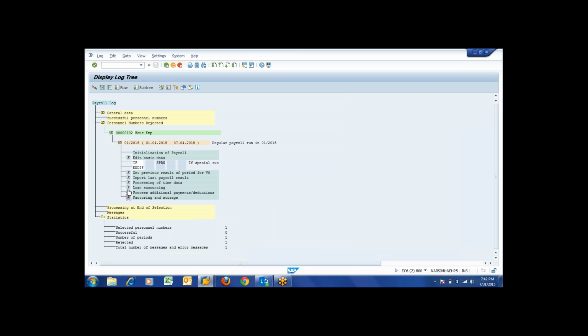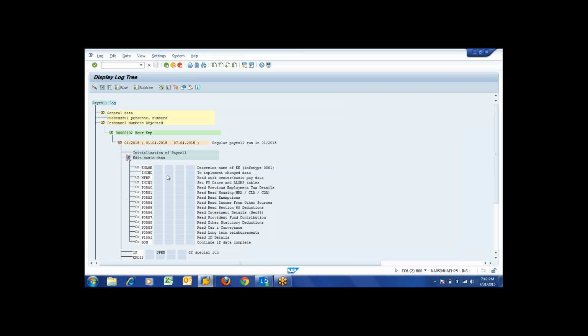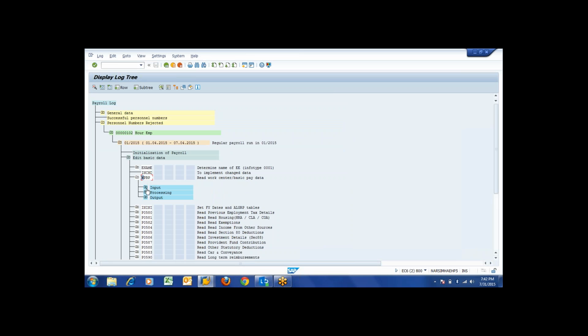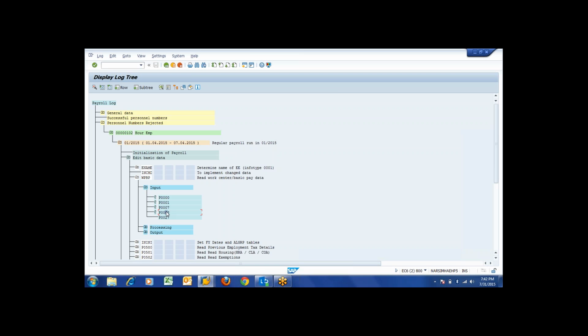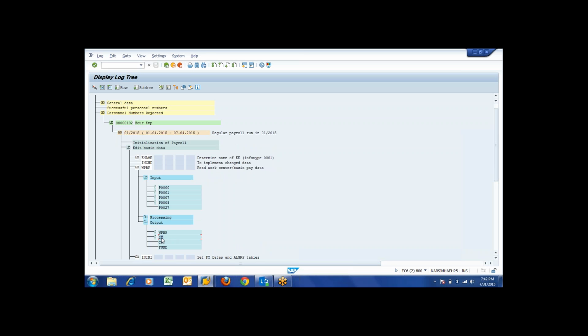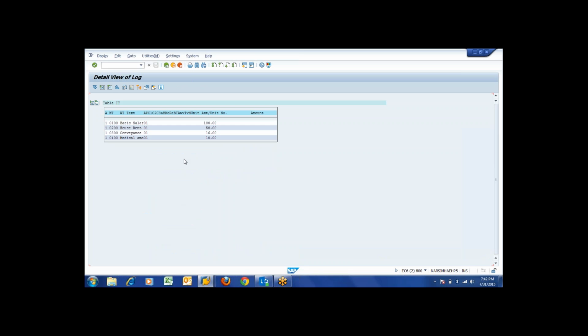Here is the place where we get the infotype 8 wage types into the output log, that is the IT internal table within the payroll. These come from infotype 8 in the place of rate, not amount, so we have to evaluate these rates based on the number of hours he actually worked.